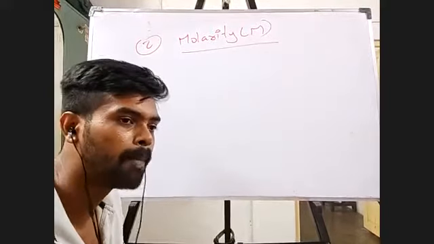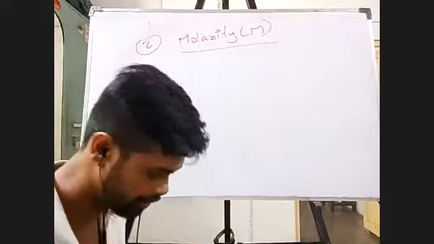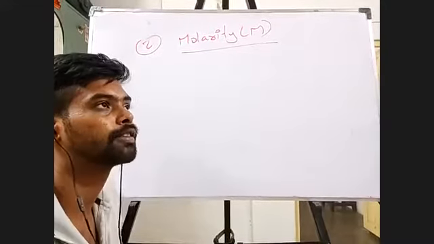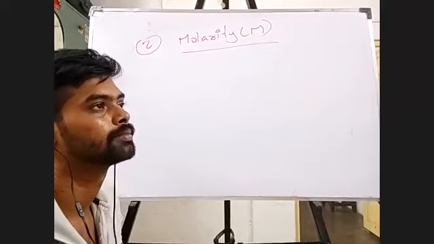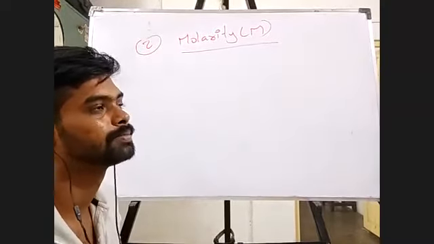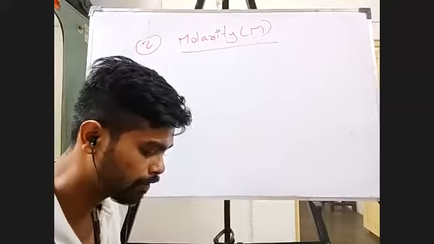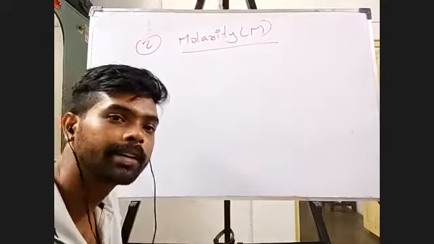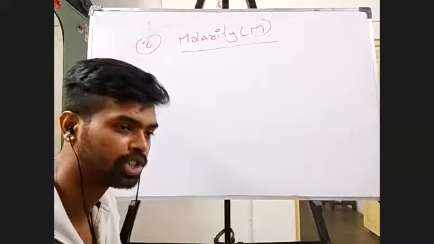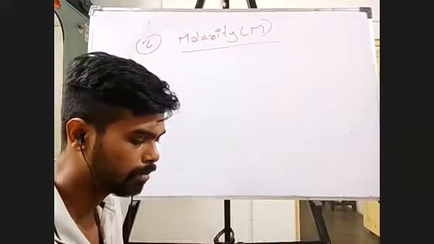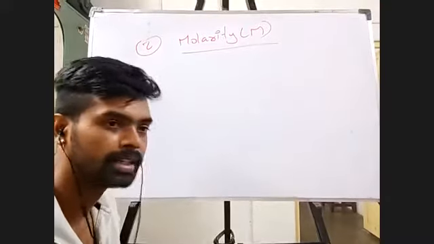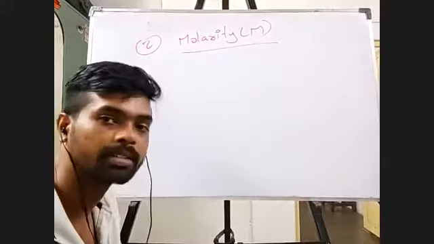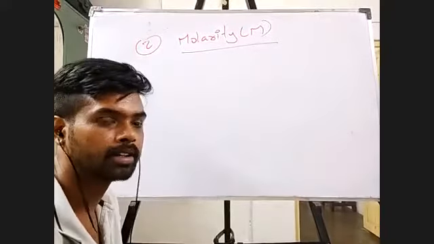It is the number of moles of solute present in 1 liter of the solution. It is not mass in this case, it is the number of moles. So the number of moles of solute present in 1 liter of the solution.